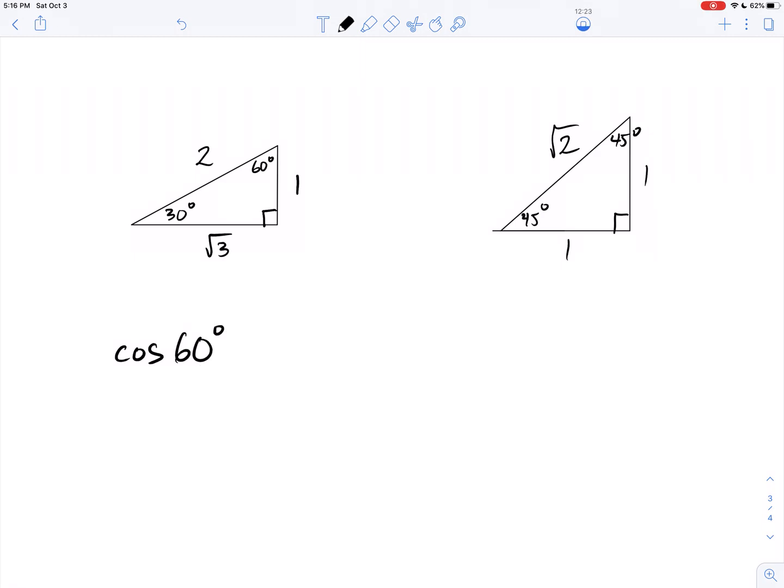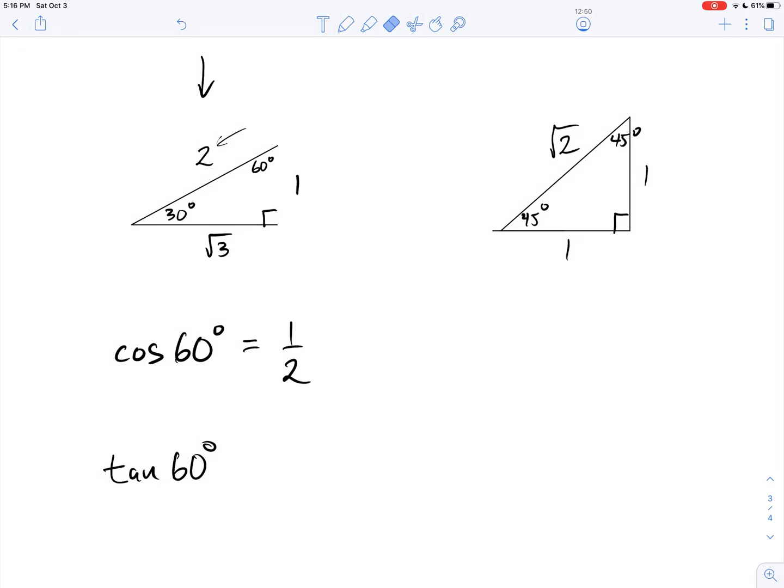And I go, okay, that means use this triangle. Don't use the 45-45. And if I did the cosine of 60 degrees, I would say, well, that's adjacent over hypotenuse. Oh, 1/2. What if they said, find the tangent of 60 degrees? I would say, oh, okay, let me remove those arrows I just drew in.